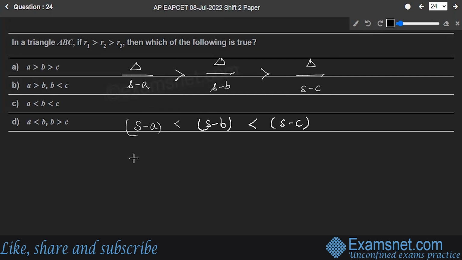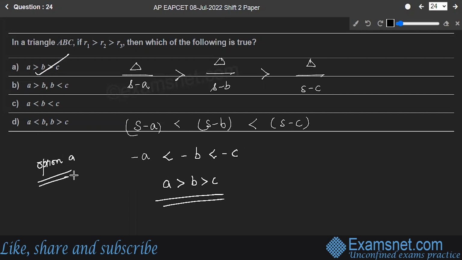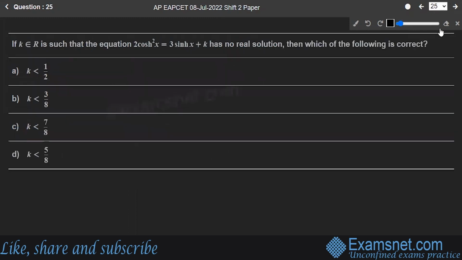Which means, when you evaluate further, you will have minus a is less than minus b is less than minus c, which simply means a is greater than b is greater than c. That's it. So let's check with the options. We have a as the answer, right? Next is question number 25.